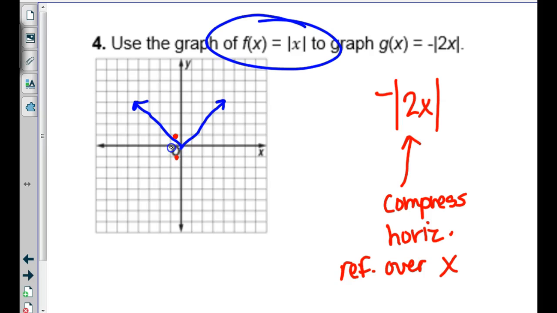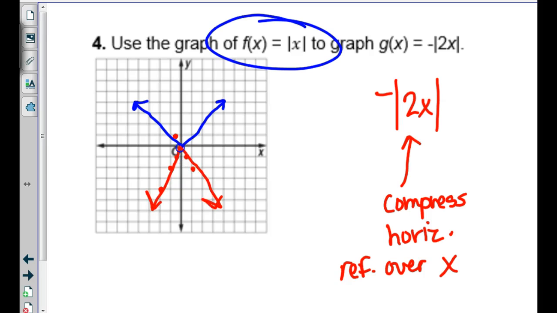So it's half. So instead of going 1 over and up 1, it went only half over and down 1 because of the negative. So when it used to go over 2, now it's only going over 1 and down 2. And it's doing the same thing on this side. Where it used to go over 4, it's now only going over 2 to 4.